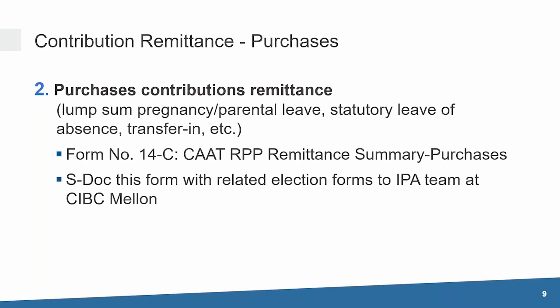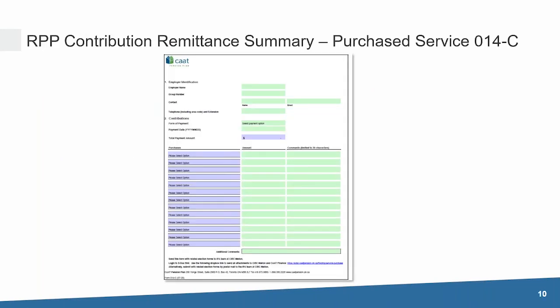We ask that you SDoc, secure doc, this form along with other related election forms to the investment pension accounting team at CIBC Mellon. The link to the SDoc is in the form at the bottom. In this slide, you will see a picture of the form in which to use.